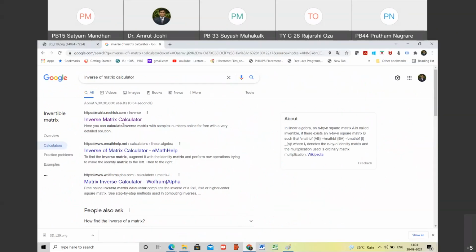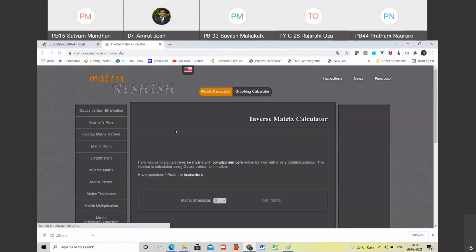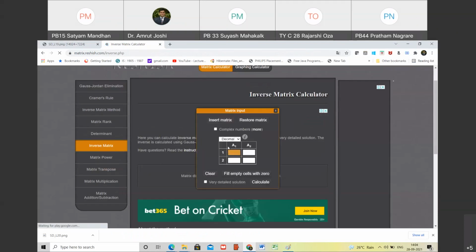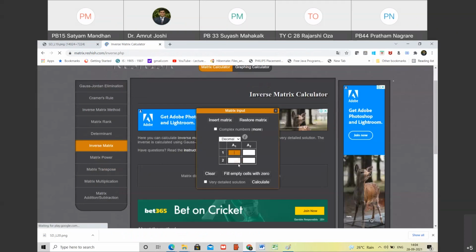Okay. Now let us invert this matrix. This is a 2 by 2 matrix. So matrix dimension 2. First element is 0.638, second element is minus 1.311, and the rest two are 1 and 1. So let us invert that matrix. Calculate.